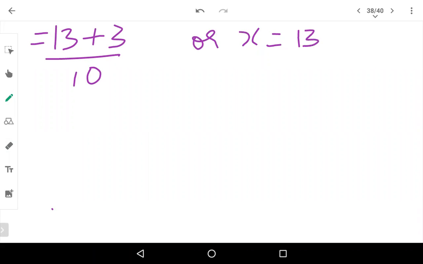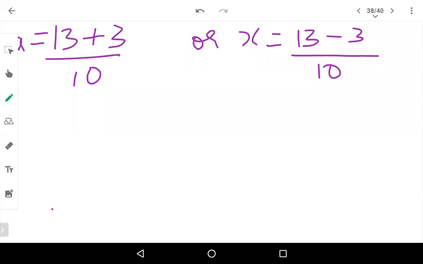Now we have got the two roots. What are the two roots? x is equal to 13 plus 3 divided by 10, or x is equal to 13 minus 3 divided by 10.